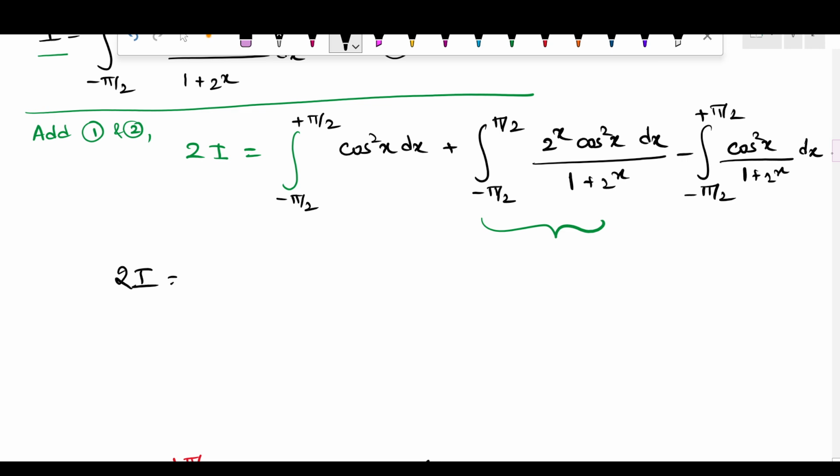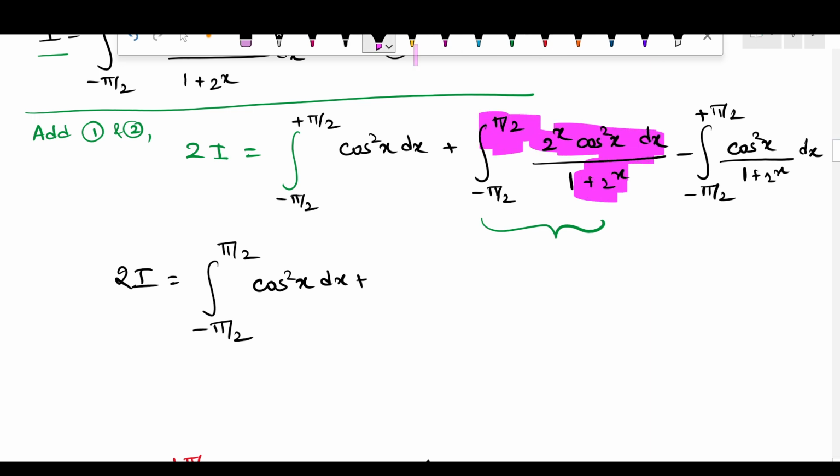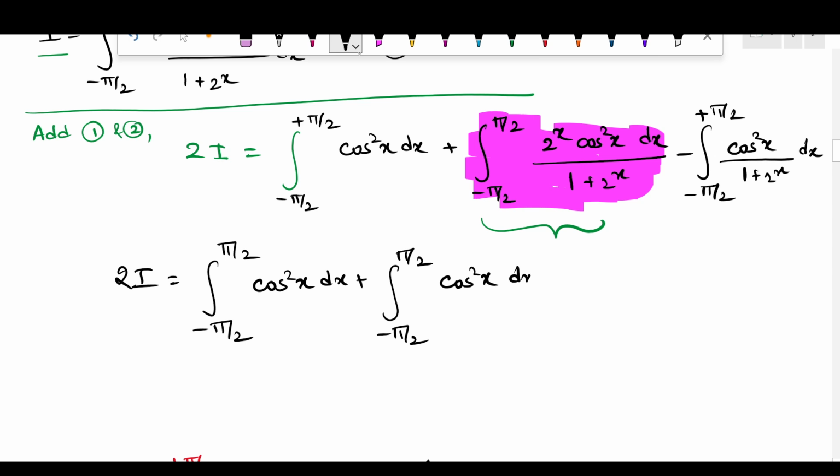So 2I is equal to the integral from minus pi by 2 to plus pi by 2 of cos square x dx, plus in place of the whole of this, we are going to write the integral from minus pi by 2 to pi by 2 of cos square x dx upon 2 raised to the power x plus 1, minus the integral from minus pi by 2 to plus pi by 2 of cos square x upon 2 raised to the power x plus 1 dx.